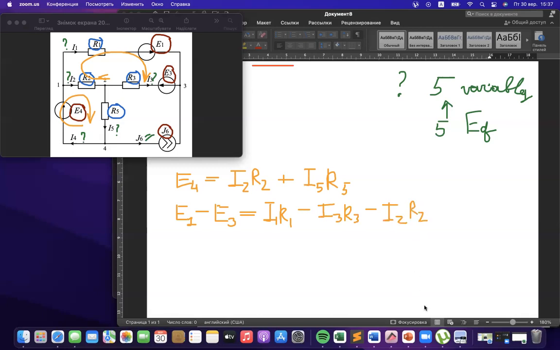Also, we could write laws according to the first Kirchhoff law, according to the current in each point. We could write in point number 1 that inflow current I4 equals current I2 plus I1. Then, for example, in second point, current I2 inflow equals current I3 plus current I5.